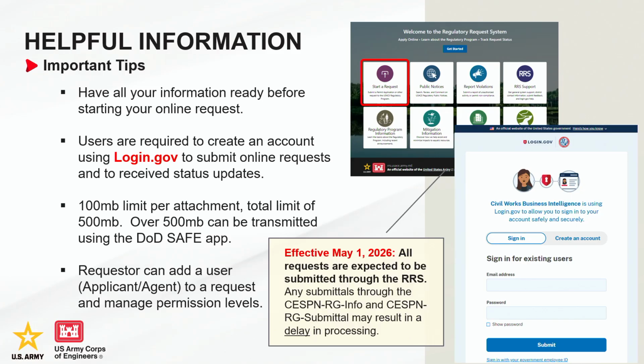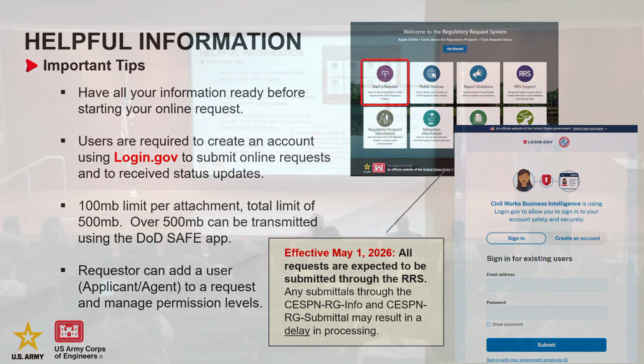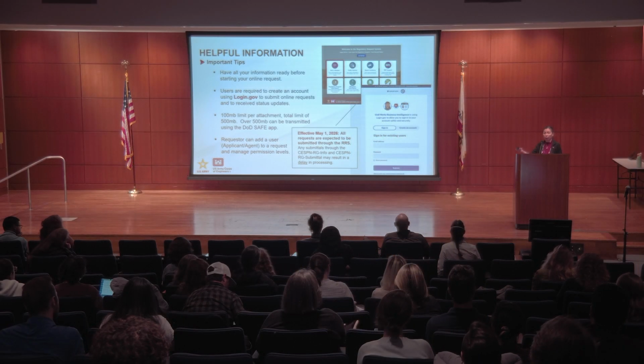The limit for the attachment is 100. Not over 500, you can actually request a link from our project managers, and we'll send you the link to the DoD Safe app if it's over 500. And again, you have the option to add another user and manage their access level to read or write, if they need to sign the application.